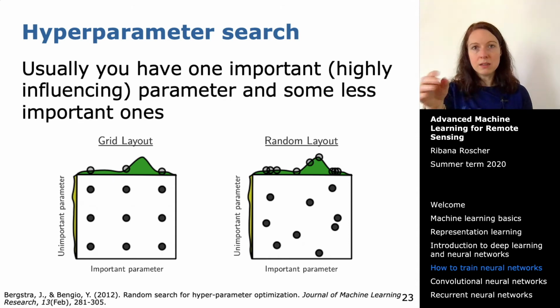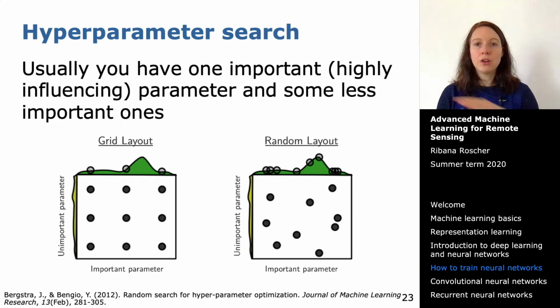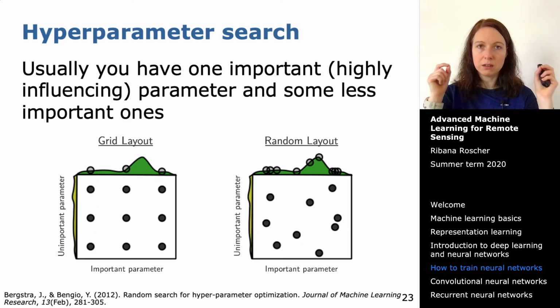And what you can see is, if you do it in a very structured way, in a grid, you get only three values of it. But if you do it in random search, you cover this distribution much better, and you get a much better impression which hyperparameter will be good to solve your task. So it's a good choice to do it this way. The important thing is that you get the correct range, and that you search in a good range.